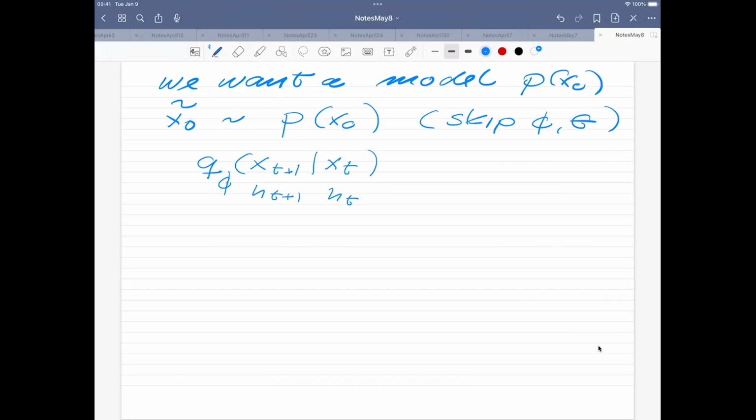So what we want is to obviously optimize log of P of X0. This is the quantity we want to optimize.